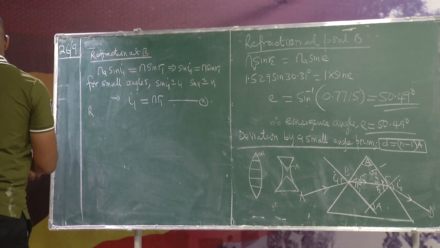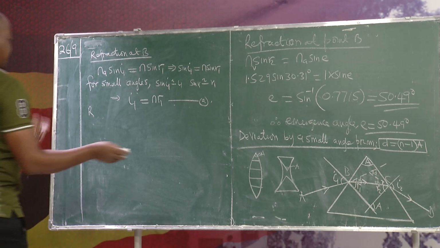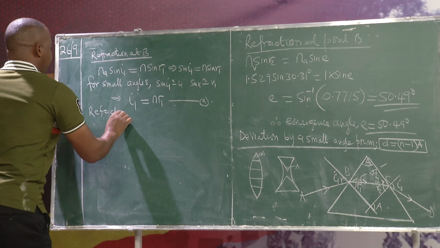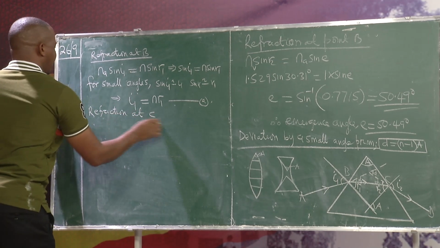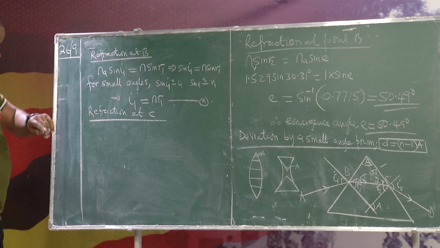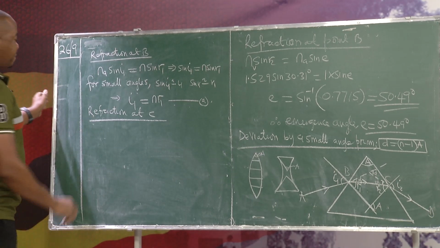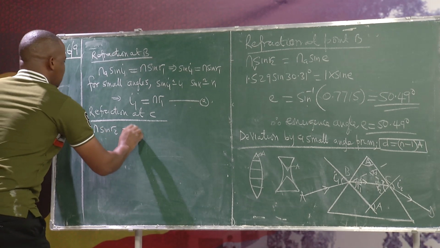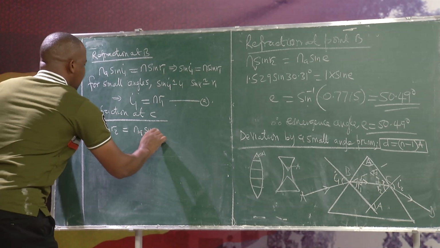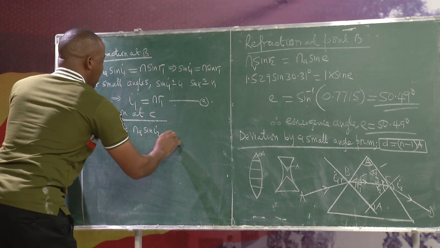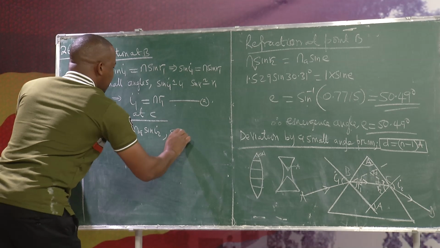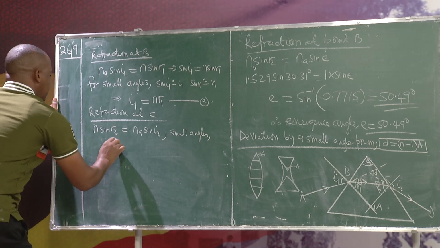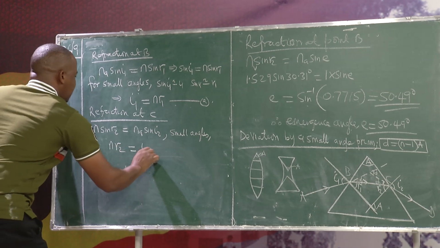If we consider refraction at C, in a similar way, we will be able to get that n sine R2 should be equal to sine I2. For small angles again, the same applies, that nR2 is actually equal to I2.